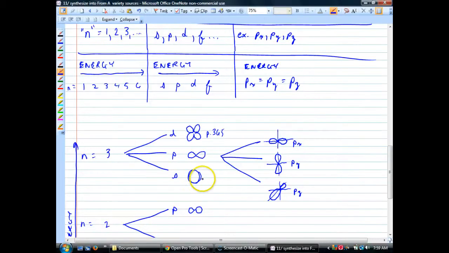Now, for S, there's only one orbital. It's just S. How many ways can you orient a sphere? One. Now, the D has 5. And I'm not even going to try to draw them. Page 365. Do take a look at it, though.